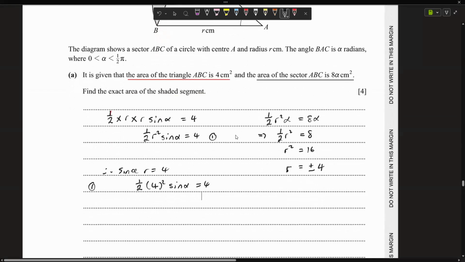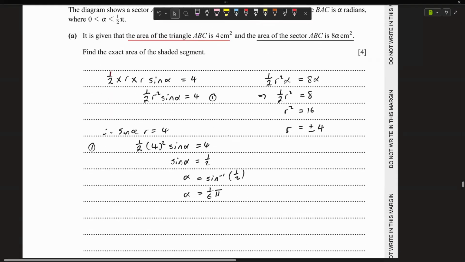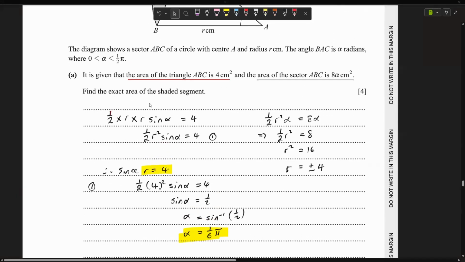Half of 4 squared is 8. Divide both sides by 8, we get sine alpha as a half, and alpha is arcsine of a half. Arcsine of a half is 30 degrees, which is a sixth of pi. So we got that r is 4 and that alpha is a sixth pi.